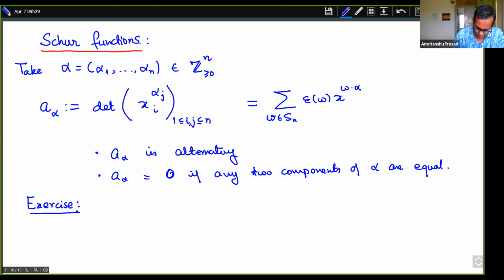So firstly, the degree of A alpha will be the sum of these alpha 1 up to alpha n.